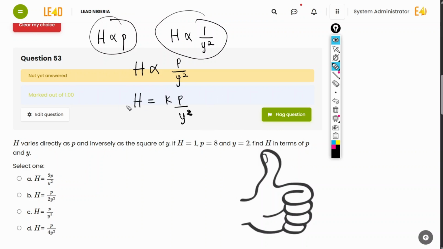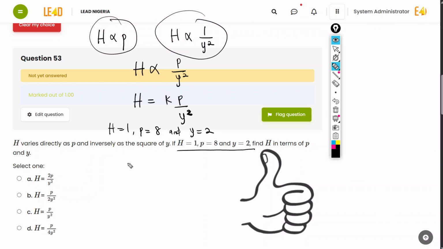All right, so this is the relationship, but it's not yet complete because I need to get the value of K to get the main relationship. For that, we have these values. We are told that when H is 1, P is 8, and Y is 2. So I'll just throw all of this in.